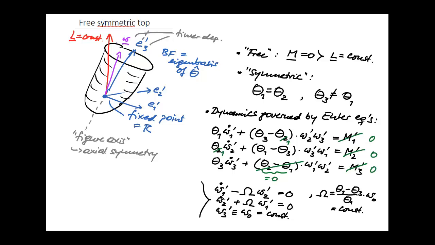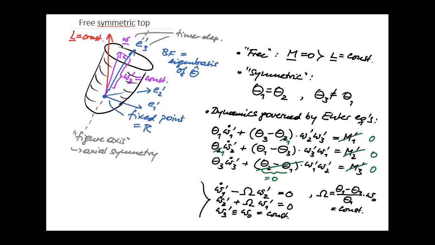So that is when we project the omega vector orthogonally onto the figure axis, then this is omega 3 prime. And this is a constant. So whereas the vector omega, the entire vector, is generally not constant but varies in time, its projection onto the figure axis is a constant.